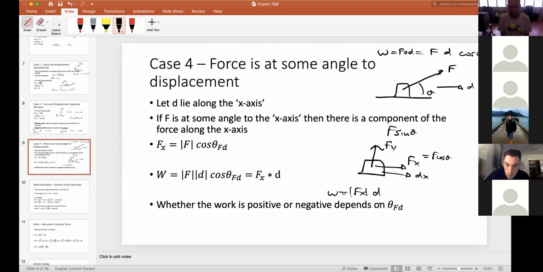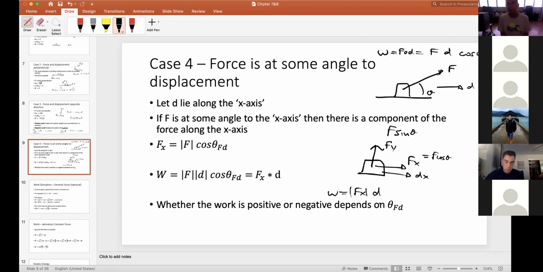That's why I had you guys worry about that so much on the vector lab, finding the component of a vector in a certain direction. The two vectors here are F and D. We need the part of F parallel to D to figure out how much of that force is actually making it move.